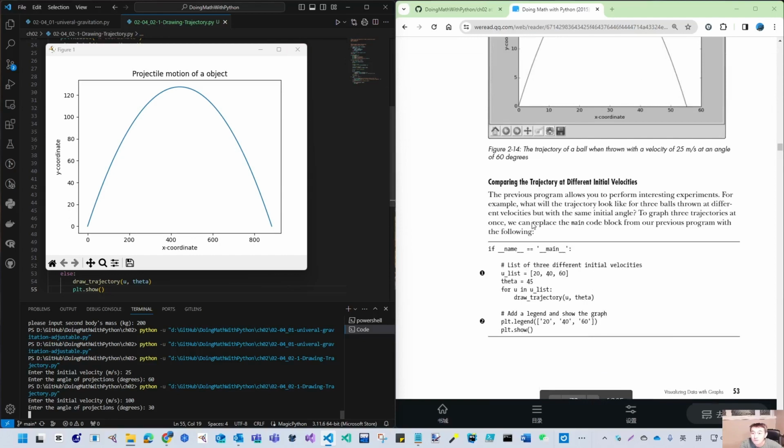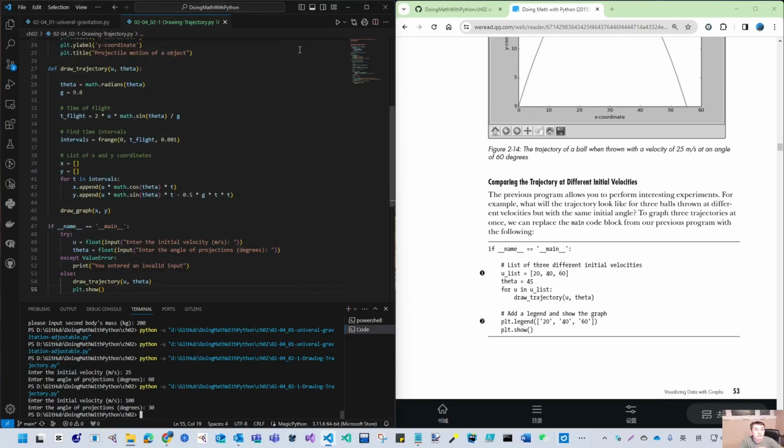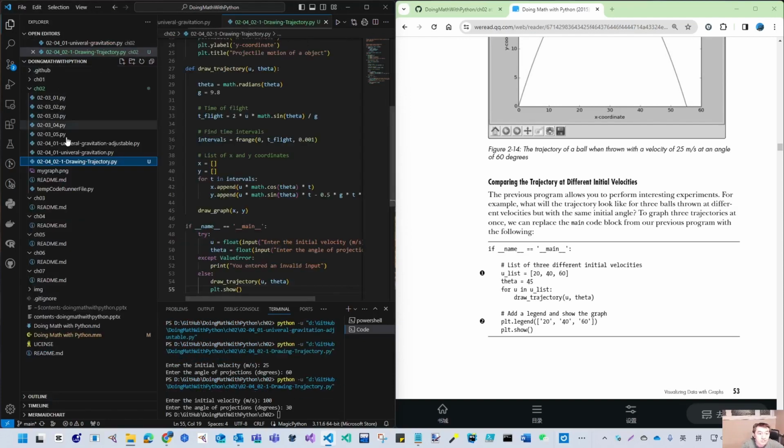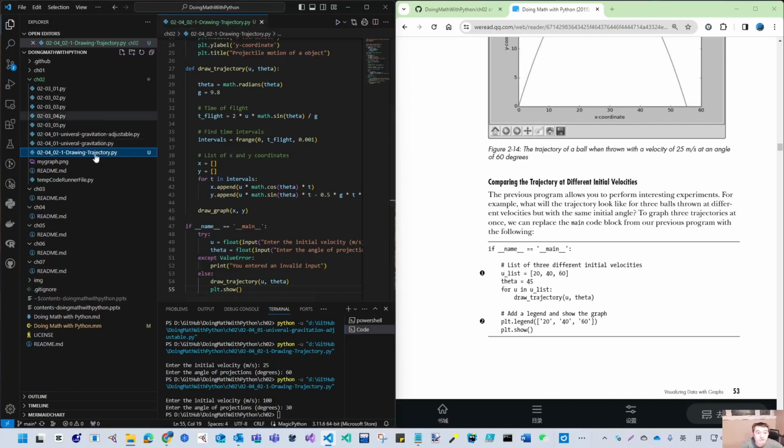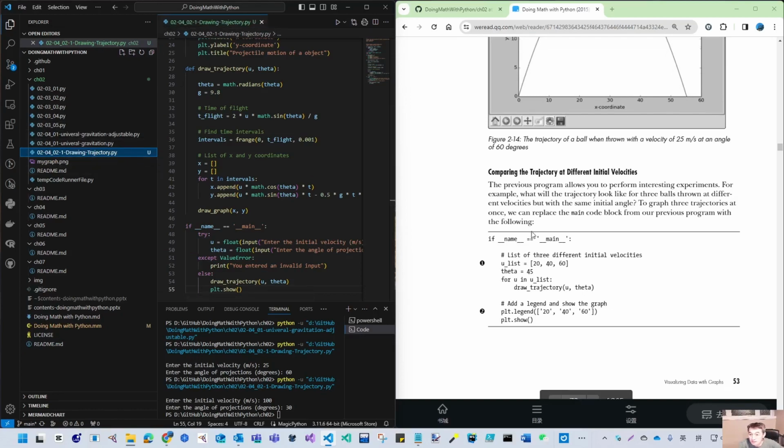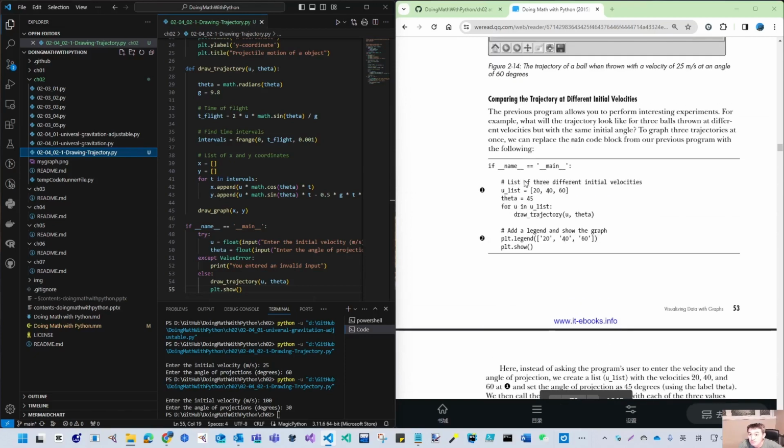And then we will use this to draw some different lines in the same coordinates. Then you can start to see the comparison. So for the comparison, the if name is here. Let's put that.